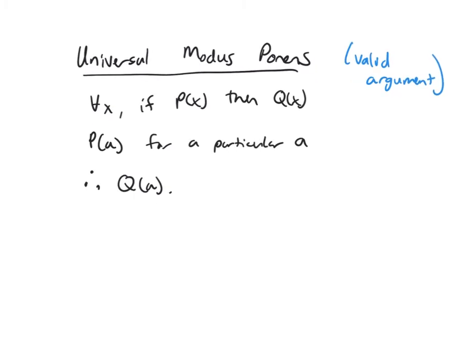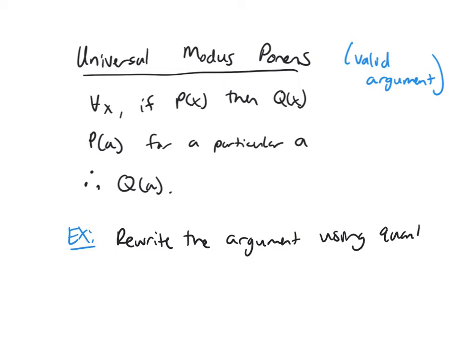All right, so let's look at an example. Let's say I want to rewrite the argument using quantifiers, variables, and predicate symbols.